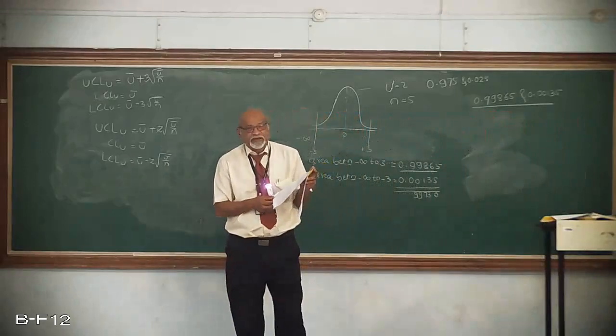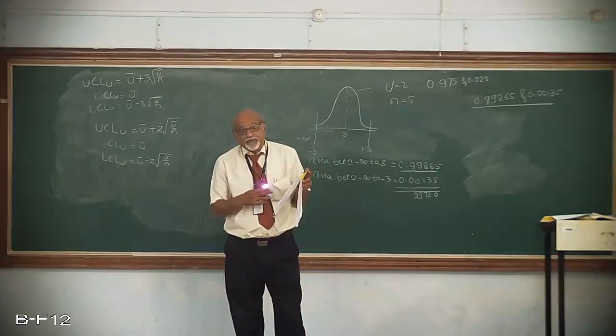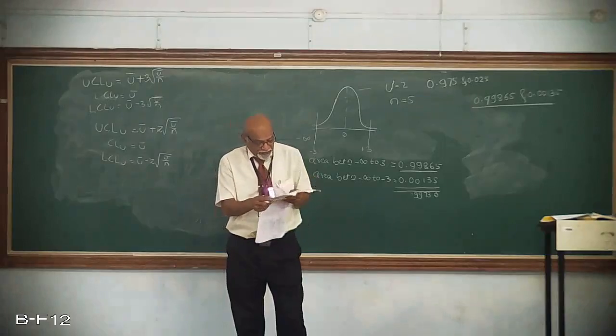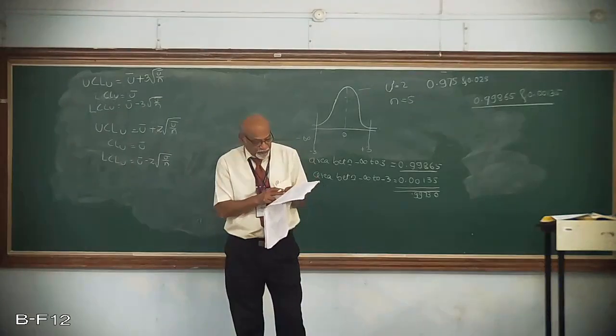The total area is given starting from minus infinity to that particular ordinate. Now it is the reverse way of finding the Z. So I need to locate where this 0.975 is.